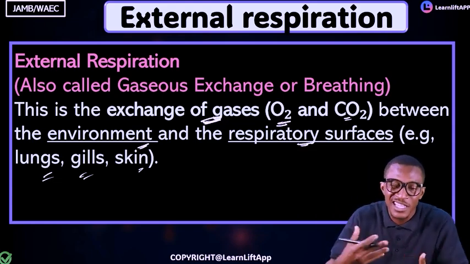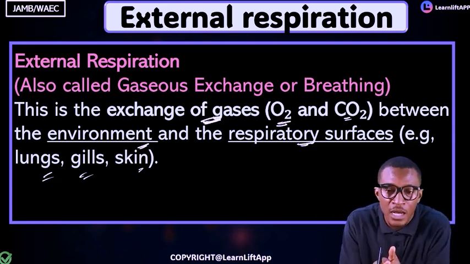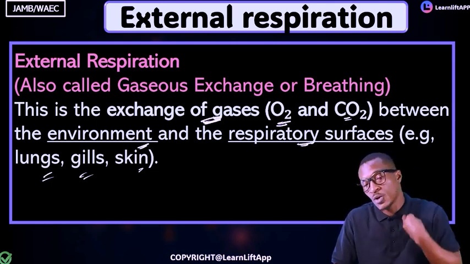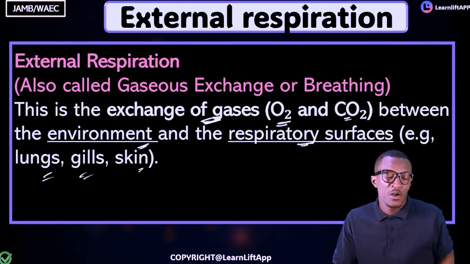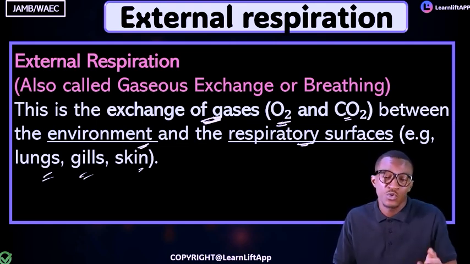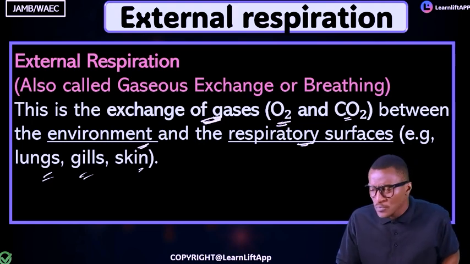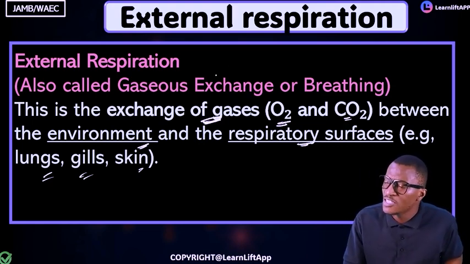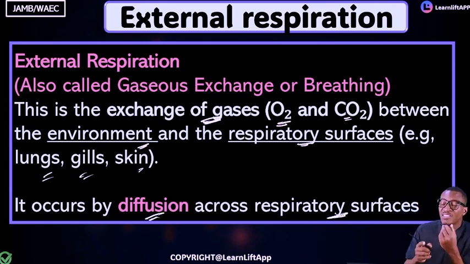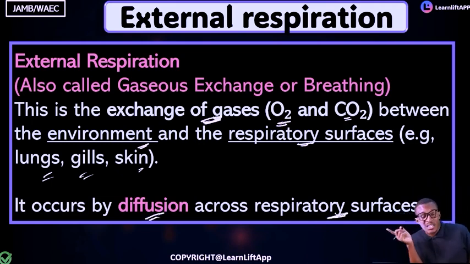How does this exchange of gases take place in the cell? In external respiration, we are focused on how oxygen enters the nostrils, goes to the lungs and comes out back. For fish, it goes from the mouth to the gills and comes out through the operculum. Take note that external respiration is by diffusion, occurring across respiratory surfaces. We are going to talk about what respiratory surfaces are.